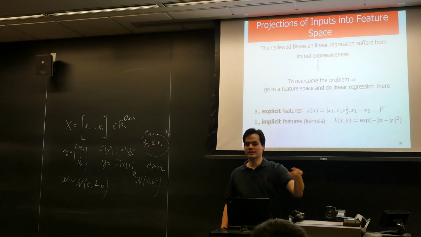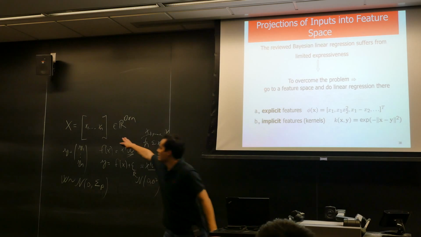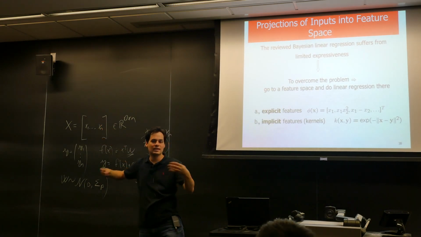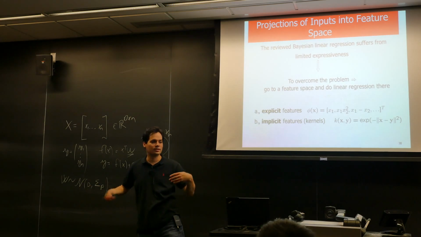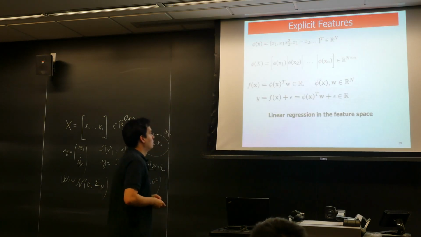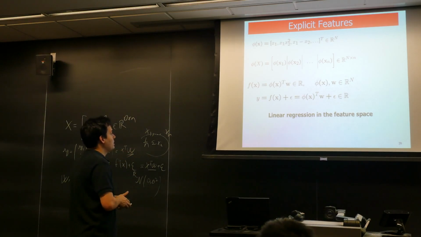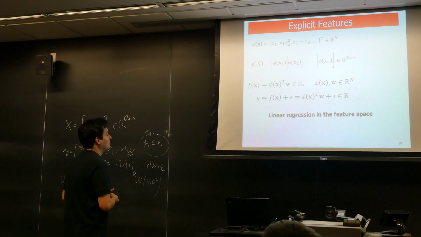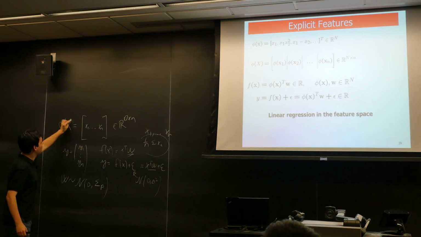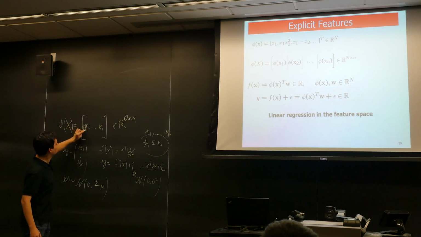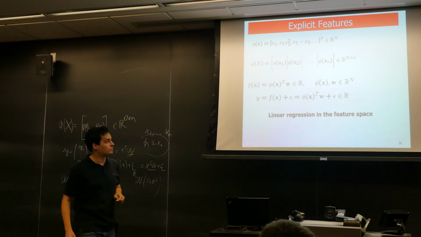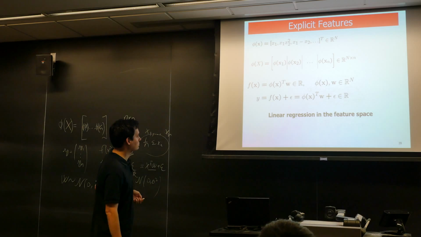I want to do the same thing: first I have the input data, I transform it with the function phi, and I do the same linear Bayesian ridge regression there. I introduce a new notation, phi of x, the transformed input vectors.